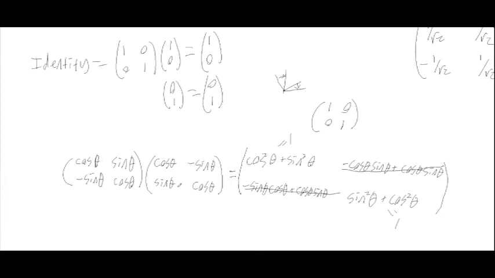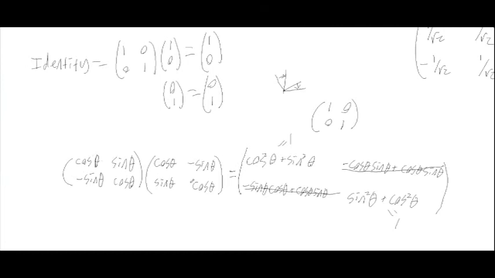And so, well, I don't know if I want to call it the inverse matrix. So it's the reverse matrix. Well, it's the transpose matrix, and so we just kind of switched the signs in the off diagonals here.